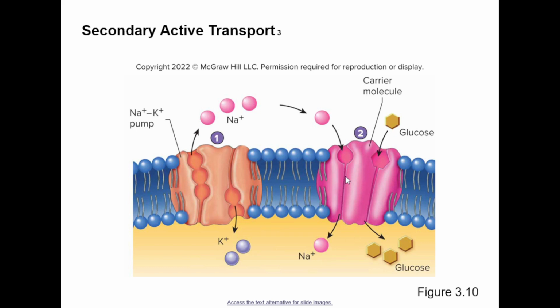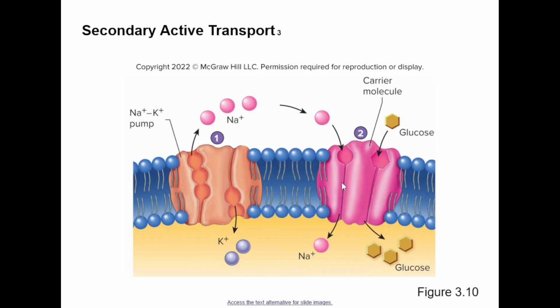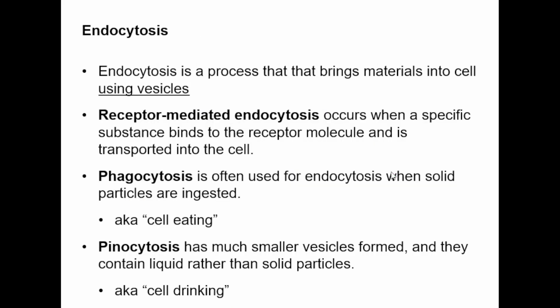So since they are of the same direction, it's called co-transport. And the opposite is counter-transport. When the diffusing substance moves in the opposite direction from the initial one. So let's say that sodium wants to get in and glucose wants to get out. So since they are of different directions, that is a counter-transport.